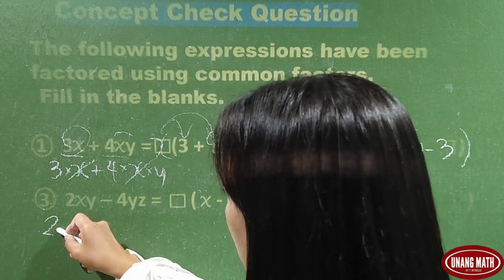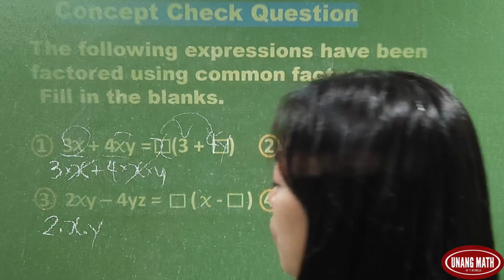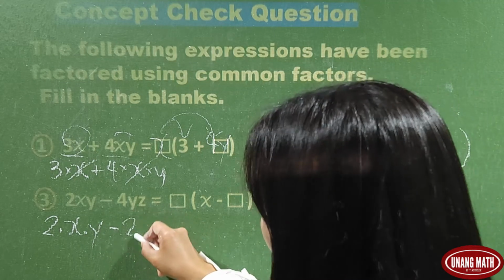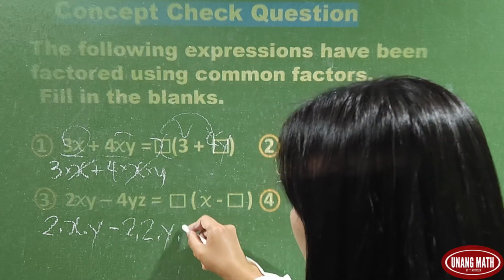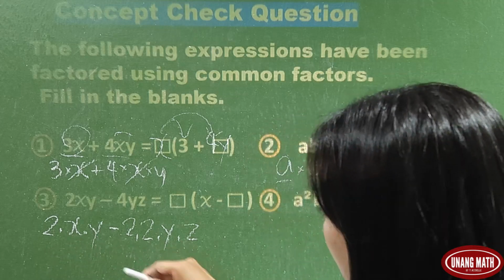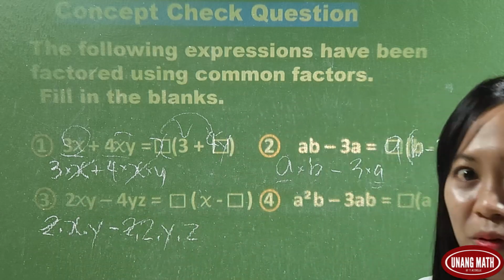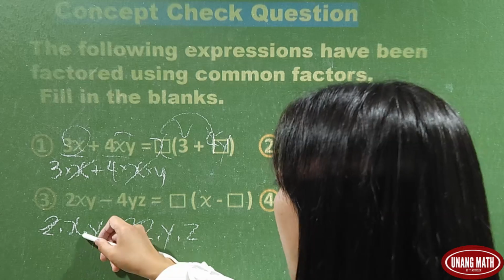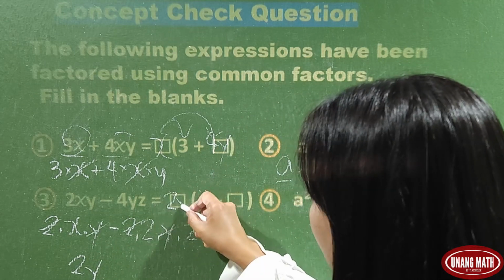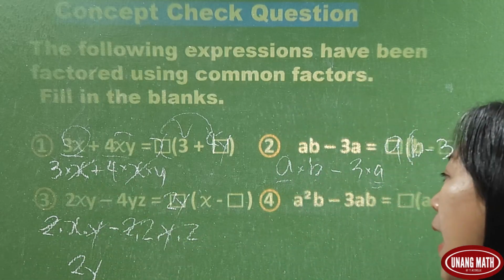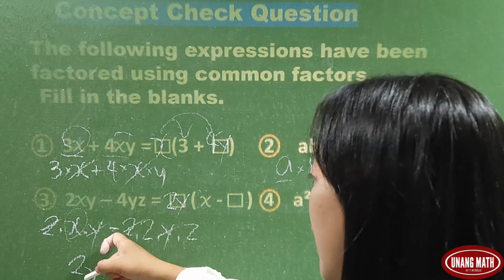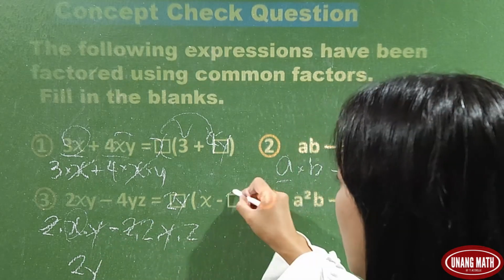This is 2 times x times y minus 4, which is 2 times 2, so 2 times 2 times y times z. As you can see, we have 2 as a common factor, also y. So 2y is our common factor for this polynomial. And what's left would be x, and then minus 2z.